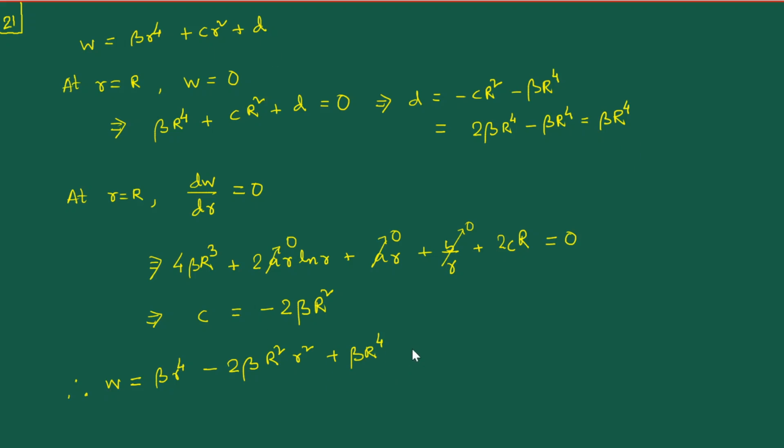And please note that this is a very nice form because this is simply r square minus R square whole square. You can check, you can take beta common. This is r4 minus twice small r square capital R square plus R4, so that is just this form.